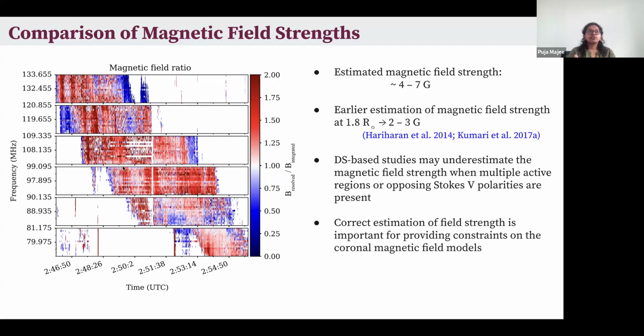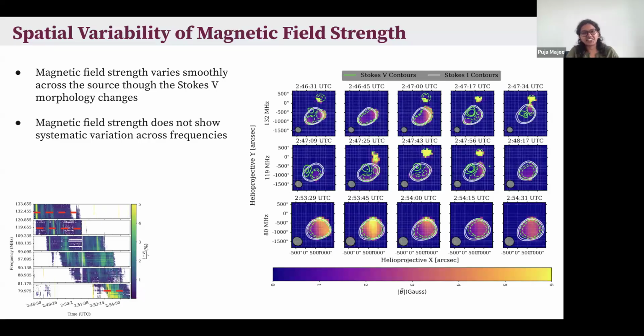And this magnetic field strength information is very important when we use it to provide constraints on the coronal magnetic field models. Okay, with that, we will now change our path. Sorry, before that, I'll also show you the spatial variability of the magnetic field strength.